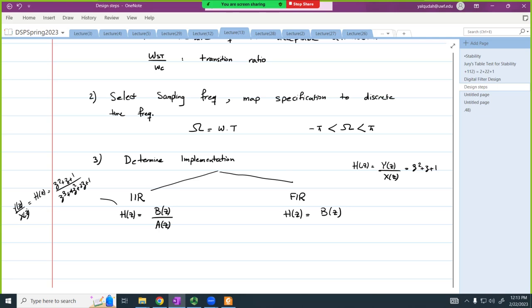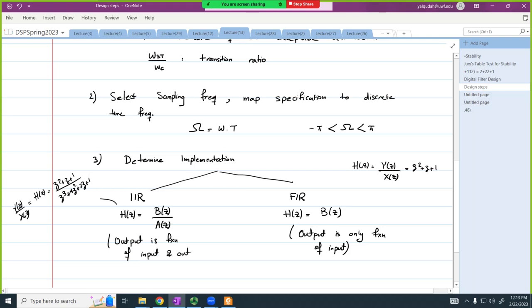So when the output is only a function of the input, it means I don't have a denominator. When the output is a function of input and output, then I'm going to have a denominator. Okay.